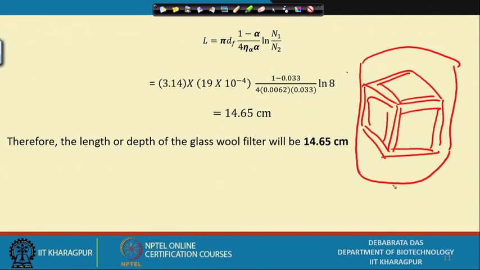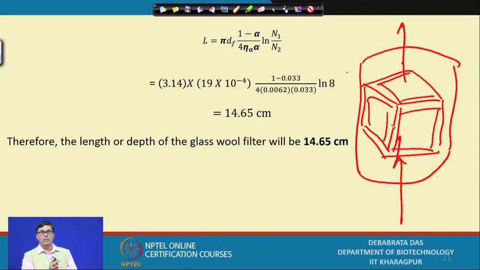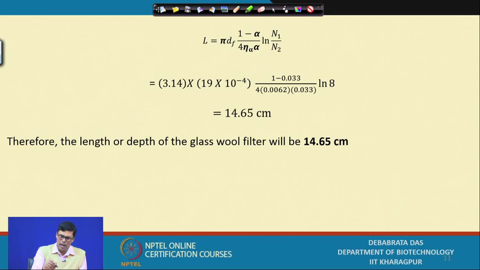Here we can pass air and take out the air like this. We can do it in two ways: we can put it in and take it out like this, or we can take it in and from inside take it out. In that way we can increase the surface area and make the things very compact in case of a bigger fermentation process.